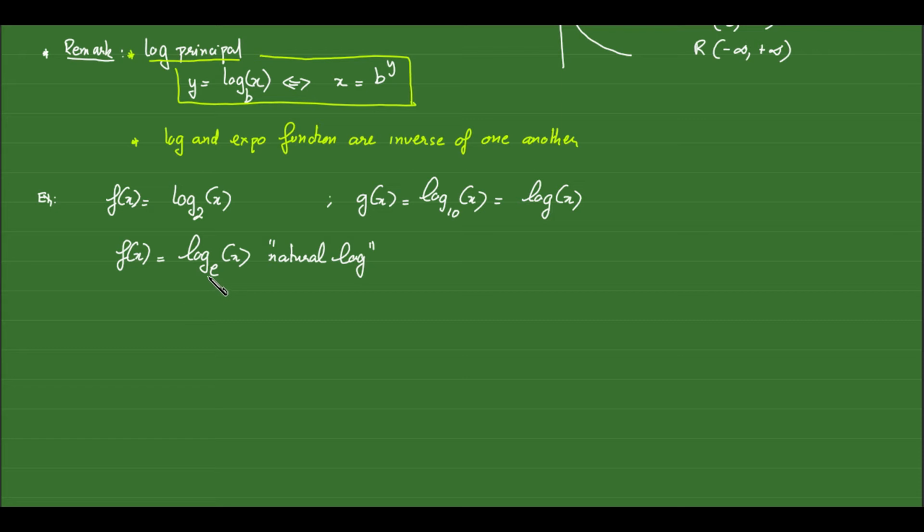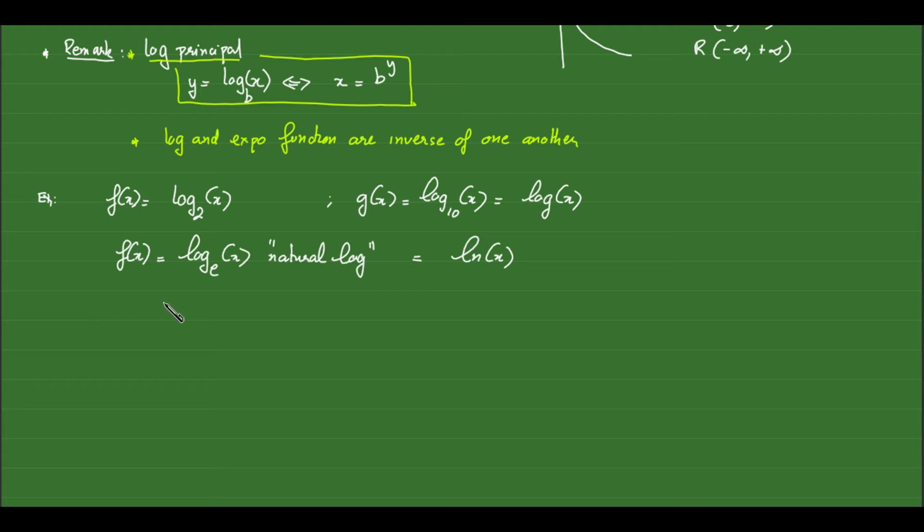But if they have log base e, nobody writes it like this. Usually they write ln x. If you put e into your calculator, it is about 2.71. So this is called the natural ln x.